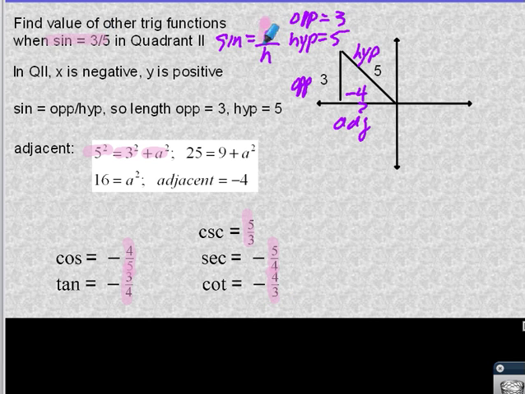That tells me the lengths of those sides, and I will find the missing side using Pythagorean theorem, whether it is a leg or the hypotenuse. And you need to make sure once you find the leg, based on whether it's the x or y coordinate, if it should be positive or negative.